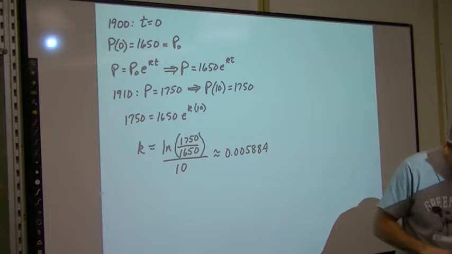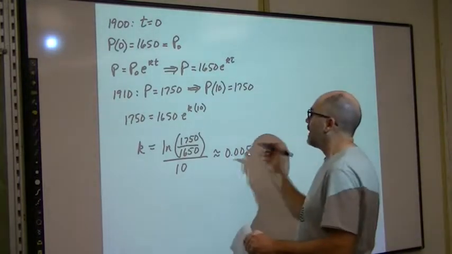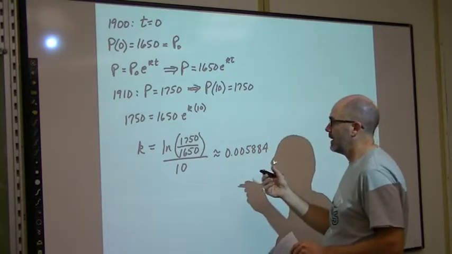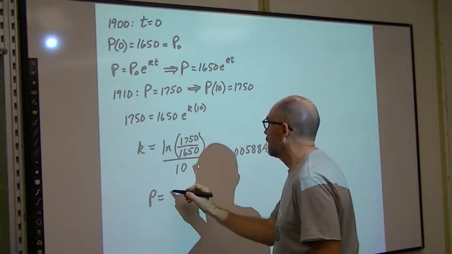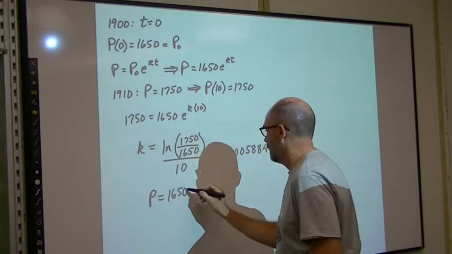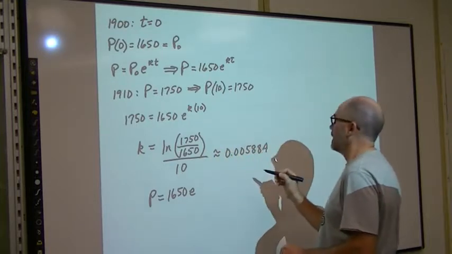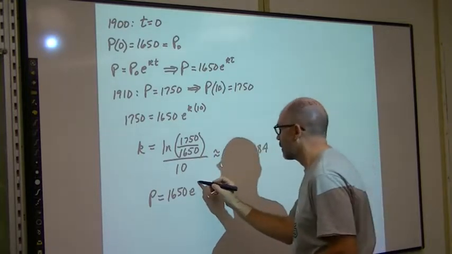Now we have the equation that P equals 1650 e to the kt, where k is 0.005884.